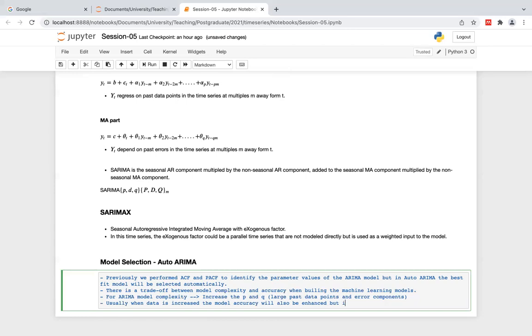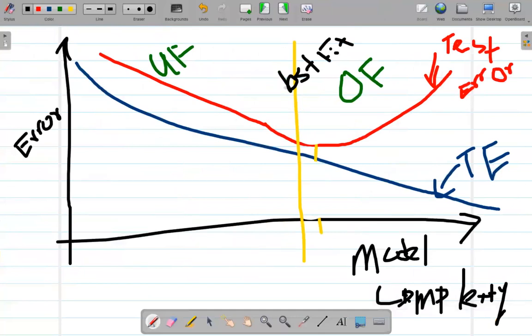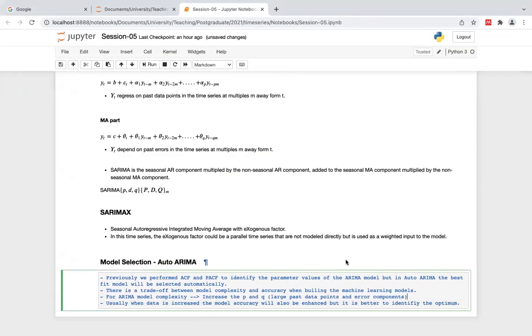But it is better to identify the optimum, as I showed in here. This is the optimum place, the optimum parameter or model complexity, in order to address the trade-off.